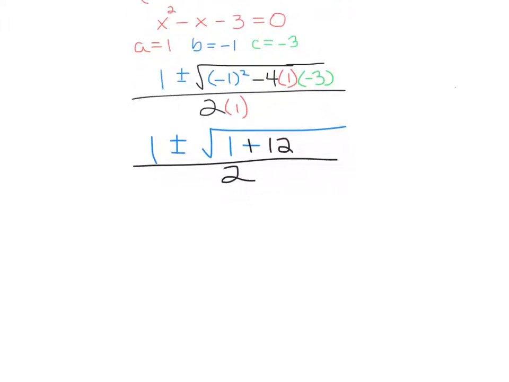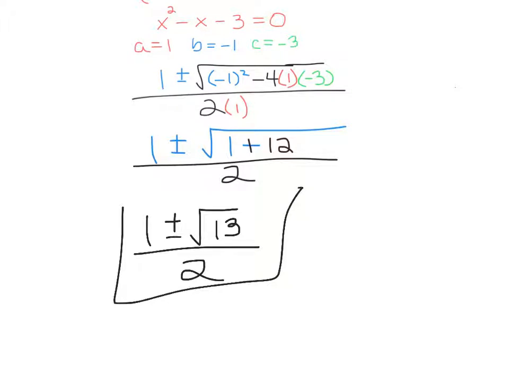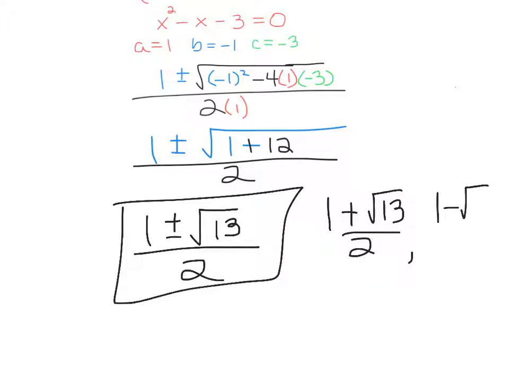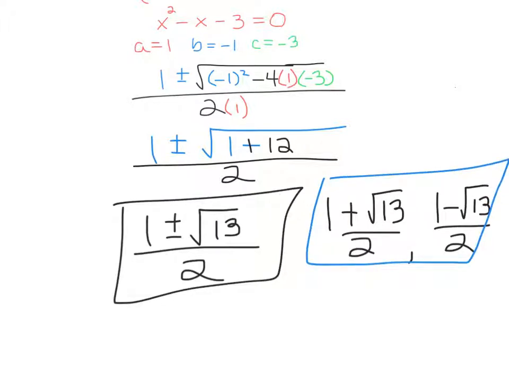I'm now going to simplify what's under my radical, and I get 1 plus or minus the square root of 13 divided by 2. And again, if you want to leave it like that, that's good, or break it apart: 1 plus square root of 13 over 2, 1 minus square root of 13 over 2. Either answer is acceptable.